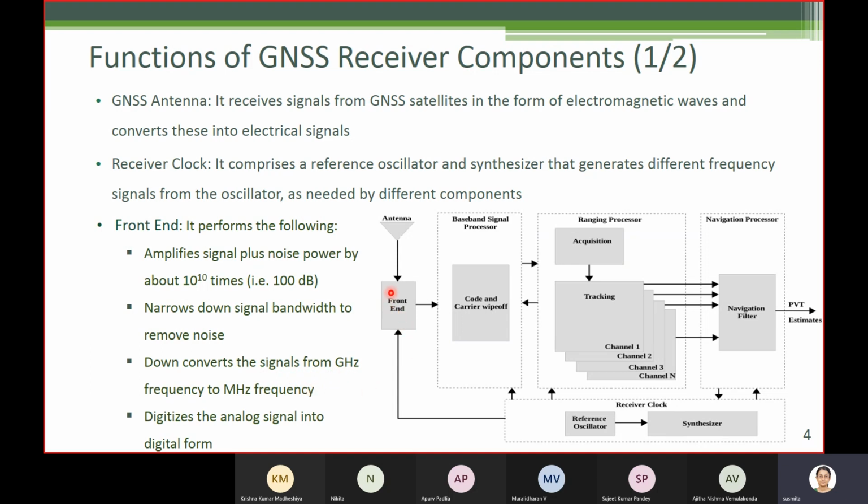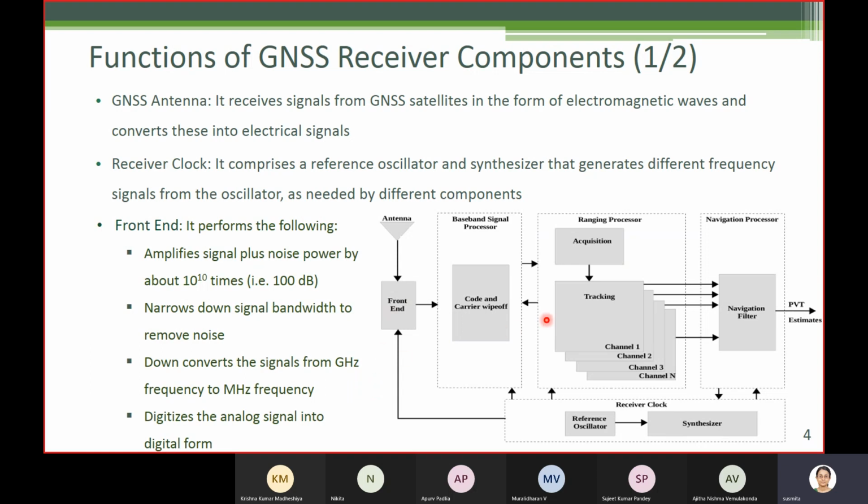Later, when we talk about the front end in more detail, we'll see mathematically how this can be done. So we shift the carrier frequency from gigahertz to some intermediate frequency in the megahertz. This process is called down conversion. After down conversion, we just need to deal with the signal at the megahertz level, not at the gigahertz level, and we can get comparable performance with less resources.